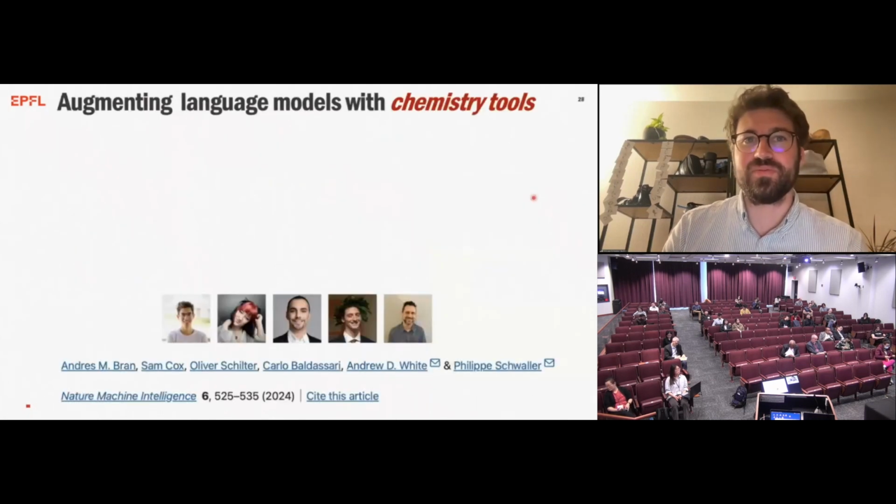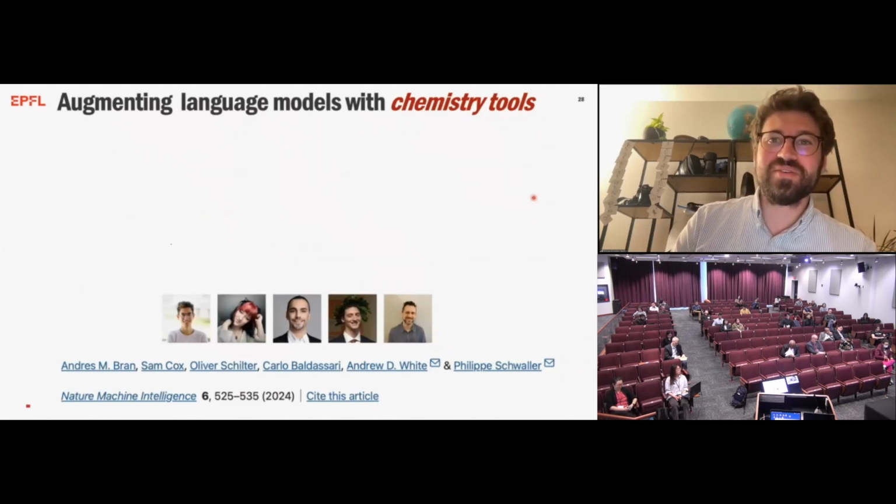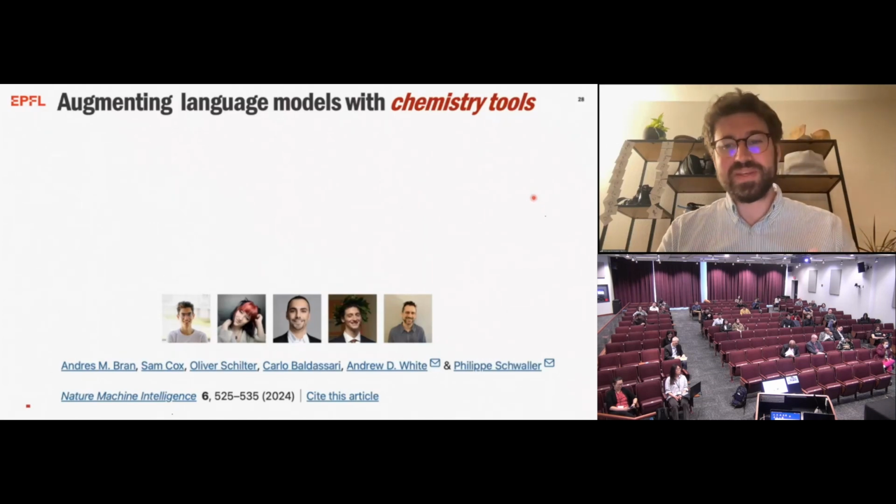Even before GPT-4, we started working on making large language models useful for chemistry.